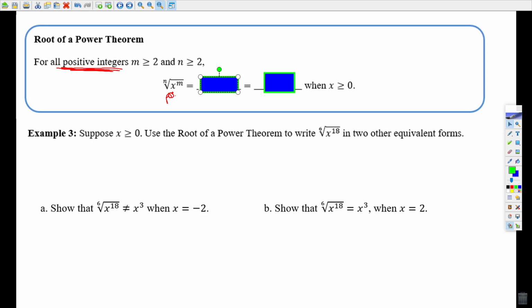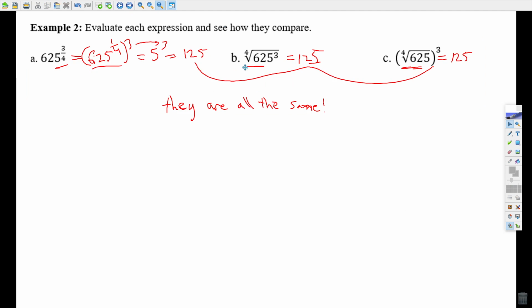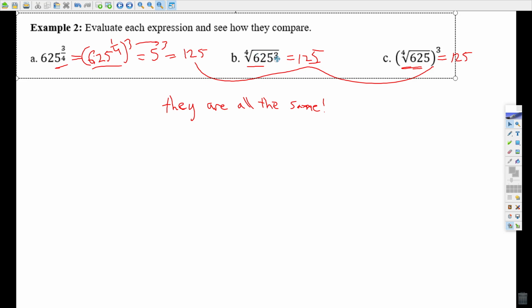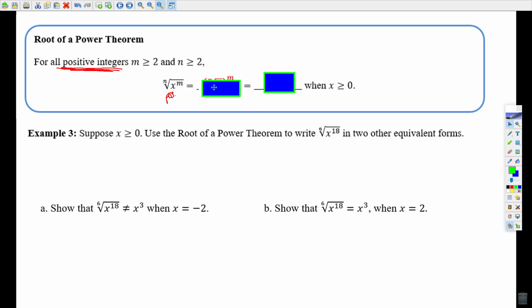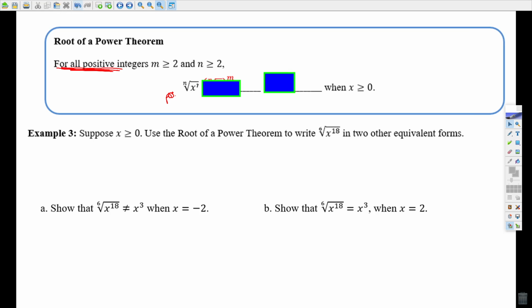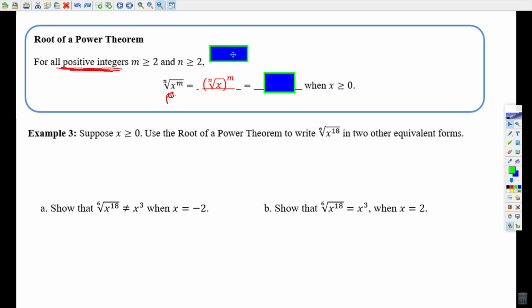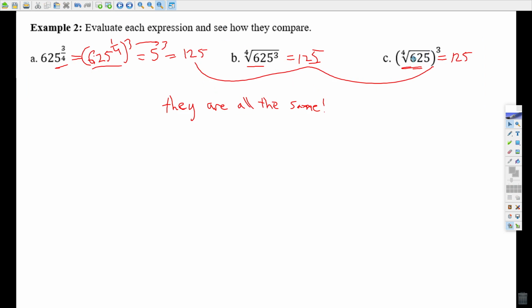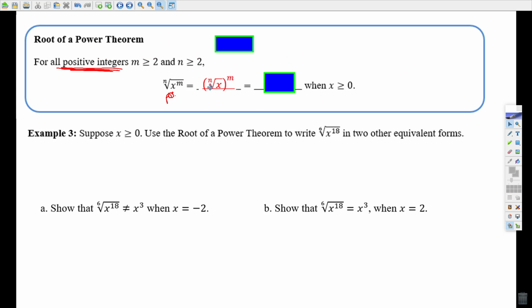So you can change this to, what can we do? So if you look back here, we can change this to saying 3 and then 4 as a fraction. So over here we would say it was x to the m, we can pull out. You can take the 3 and bring it to the outside. Yep. Put parentheses around it.